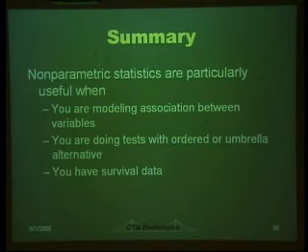They're useful when you're modeling association between variables, and very useful when you have ordered or umbrella alternatives. They're certainly what you want if you have survival data or something that looks like survival data, and most of these non-parametric statistics have versions that account for censored data.